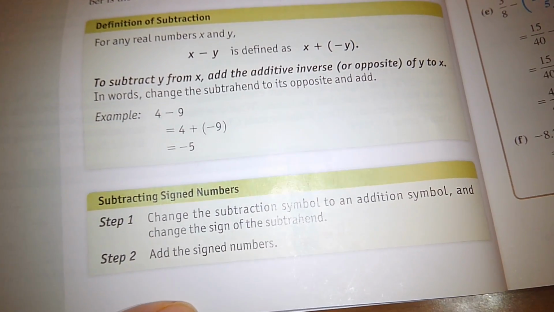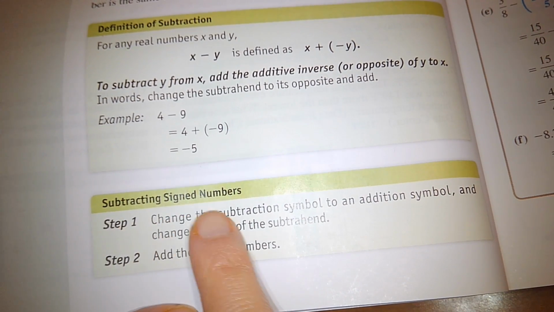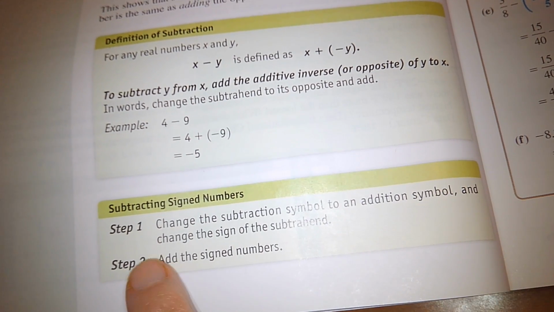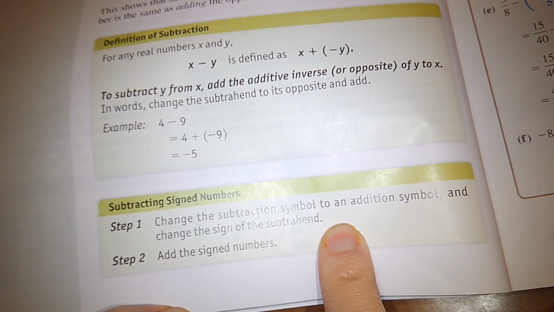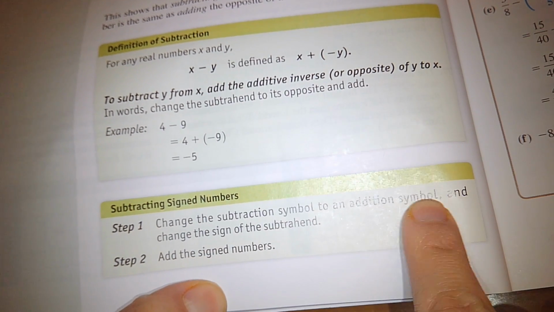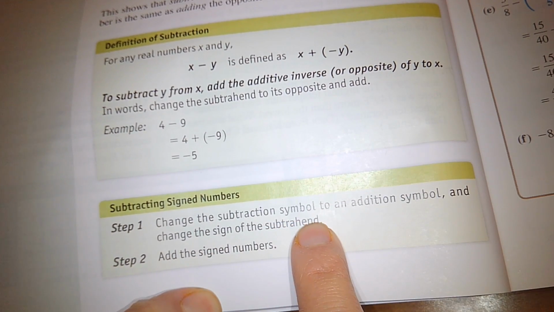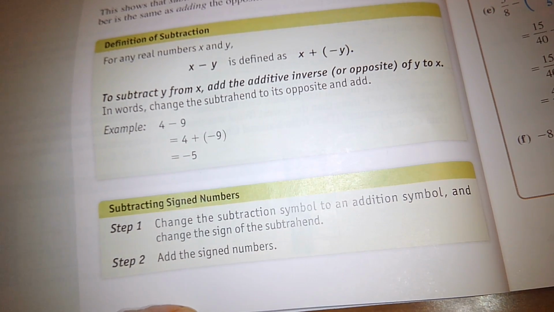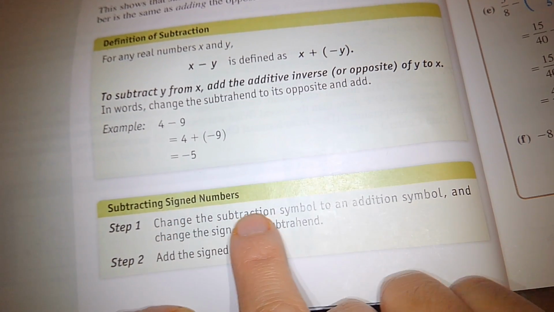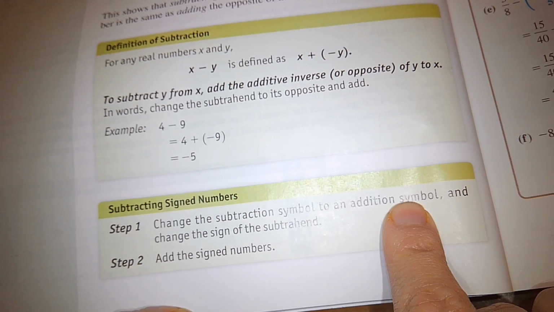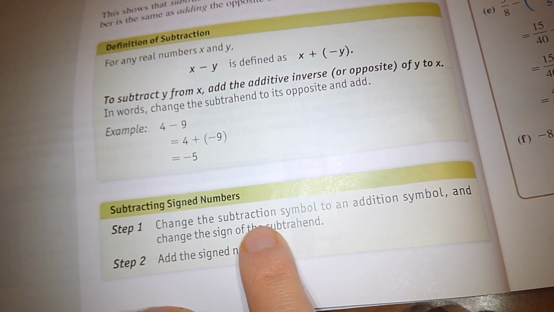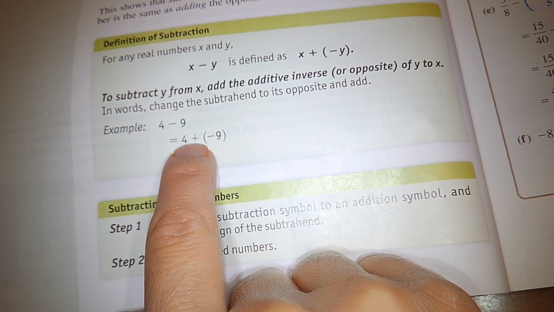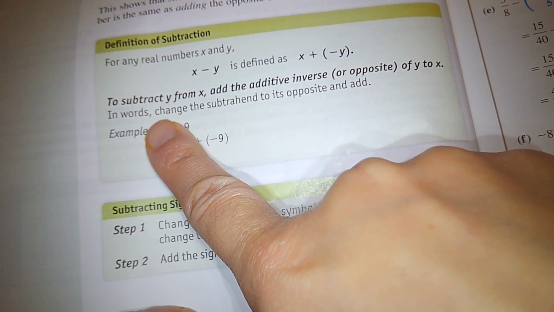The rule for subtracting signed numbers is two steps. Can you read fast? Step 1, change the subtraction symbol to an addition symbol and change the sign of the subtrahend. Step 2, add signed numbers. Very good. So previously minus 9 becomes plus negative 9.